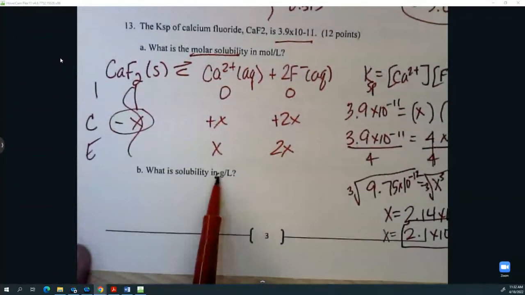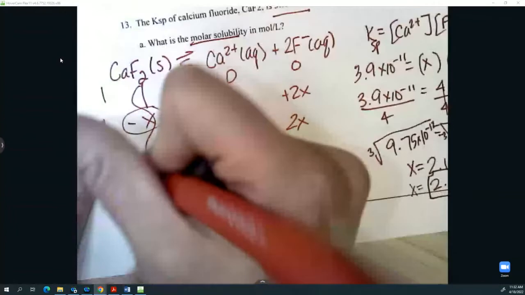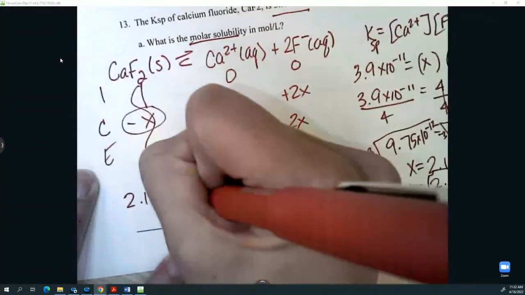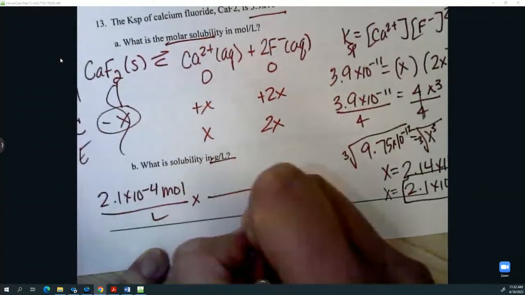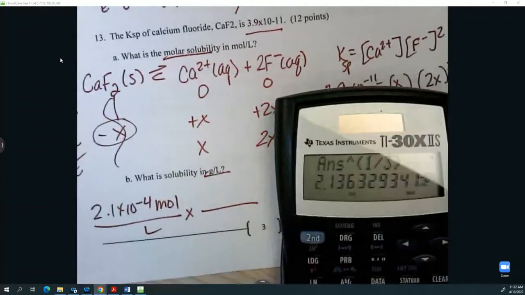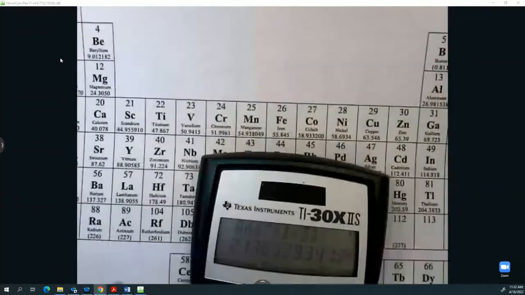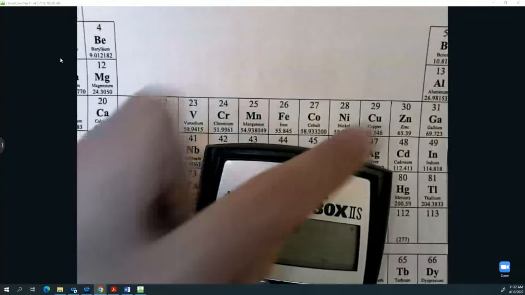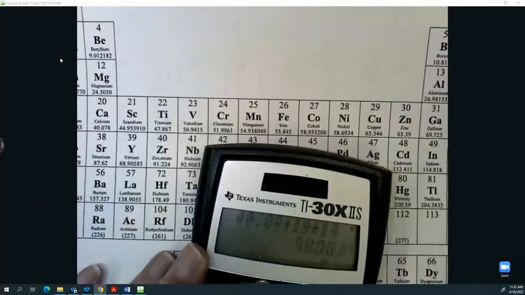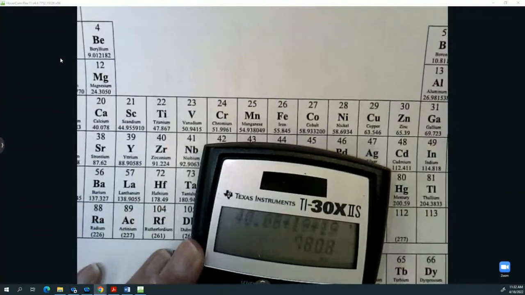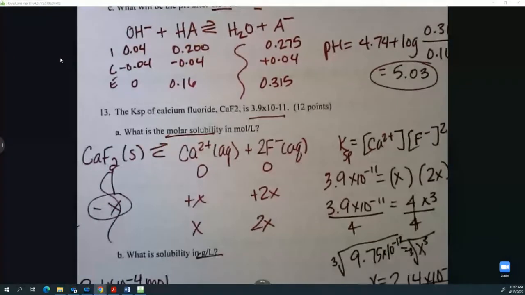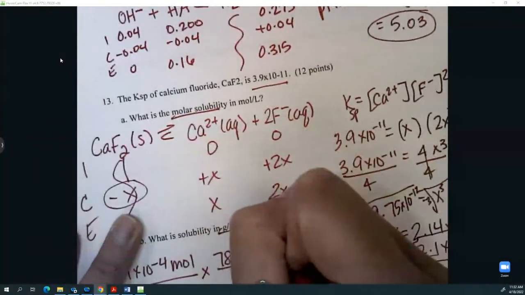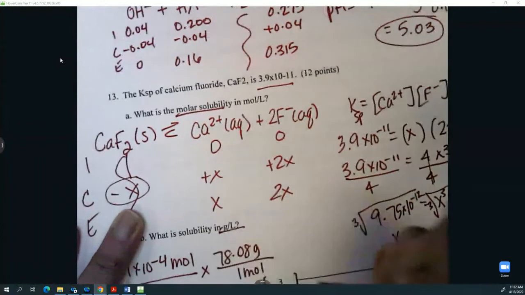But down here, I want to convert it to grams per liter, so I just need molar mass. So here I do want to write it as moles per liter, so I can make sure I get that set up right. And then I just need to figure out my molar mass. So I've got calcium 40.08 and fluorine is 19, so 78.08.